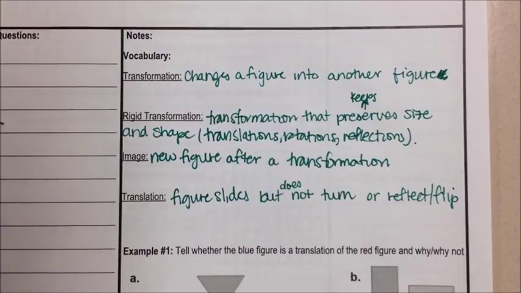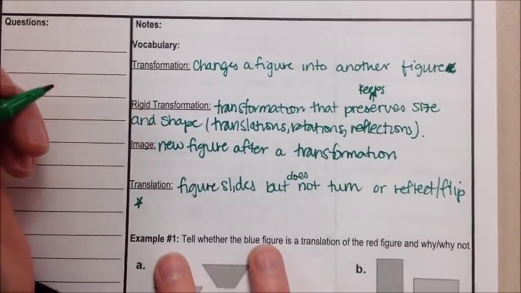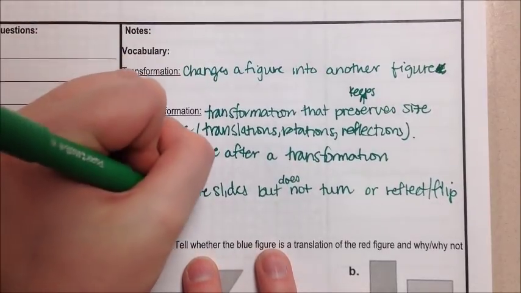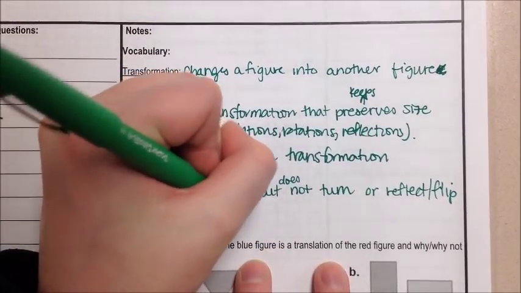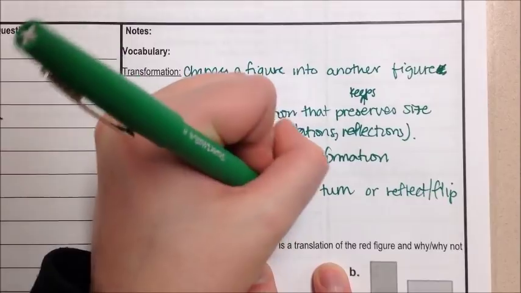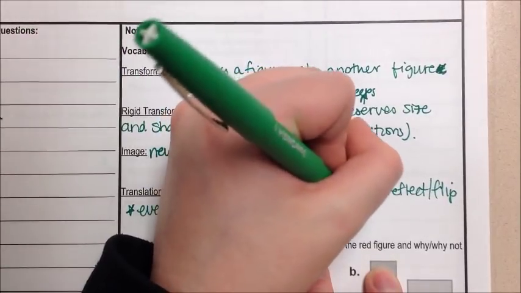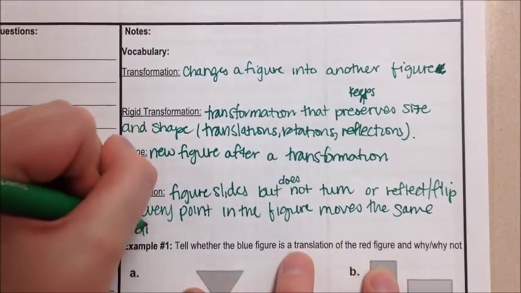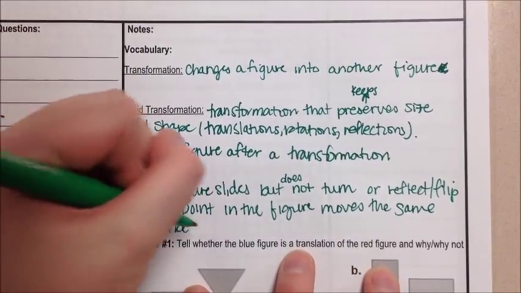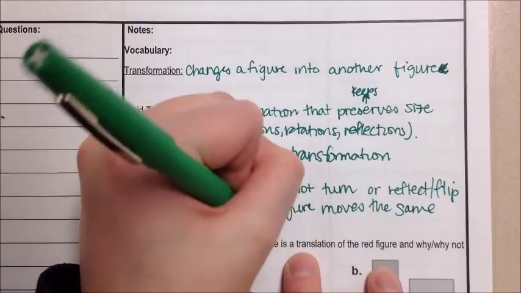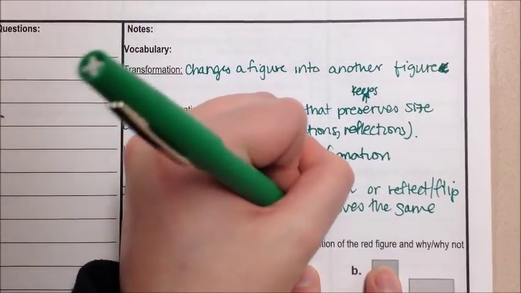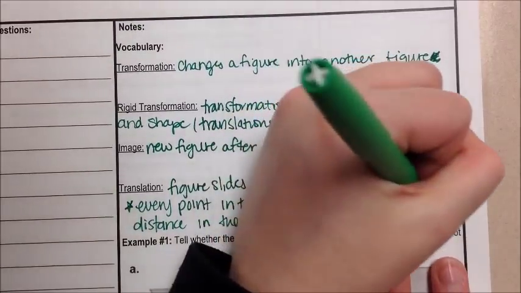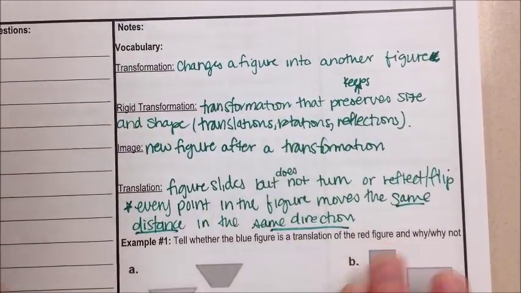A characteristic of a translation, or how you know if it's a translation, is every point in the figure moves the same distance in the same direction. And you're going to get to see an example of that in a minute. Same distance in the same direction.